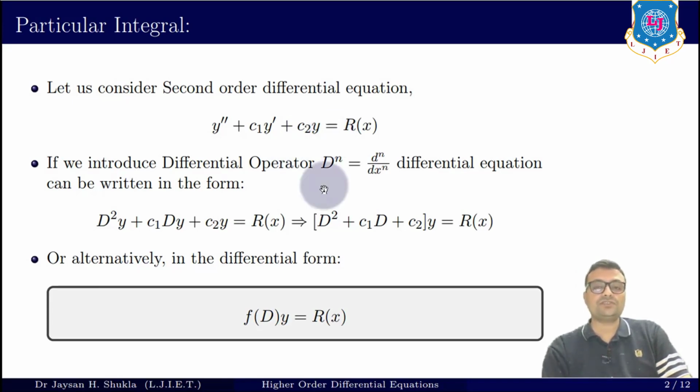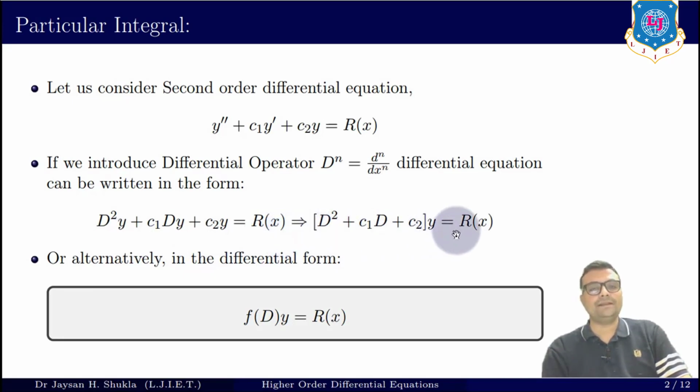Again, the first step is to define the differential operator, that is D, which is d by dx. If I take D raised to n, it indicates the nth order derivative, and therefore the second order differential equation will take the form D squared y plus c1 D y plus c2 y equal to r of x.